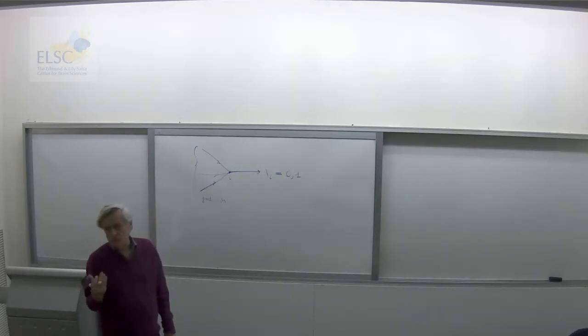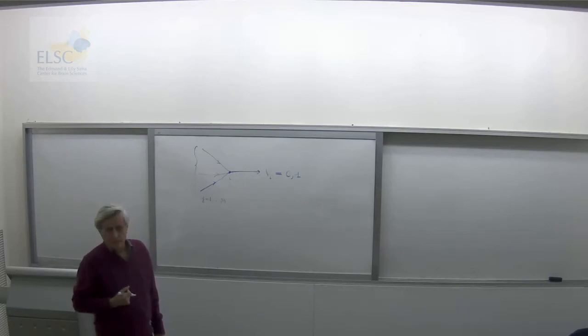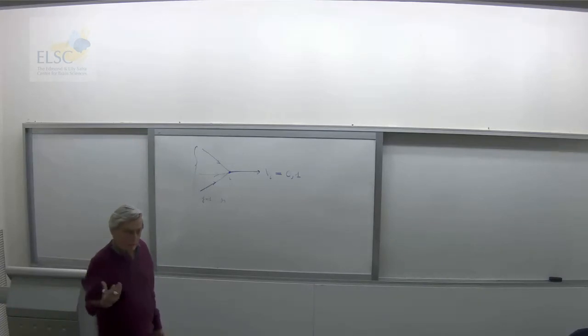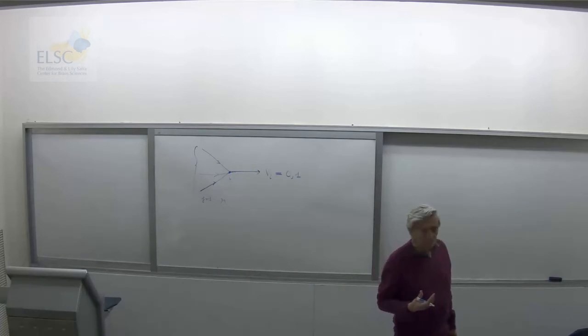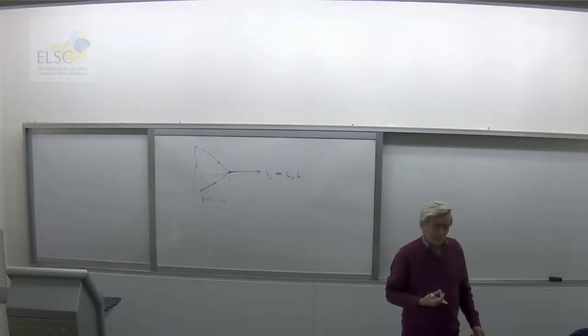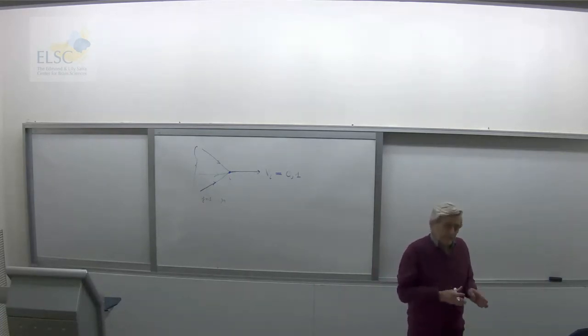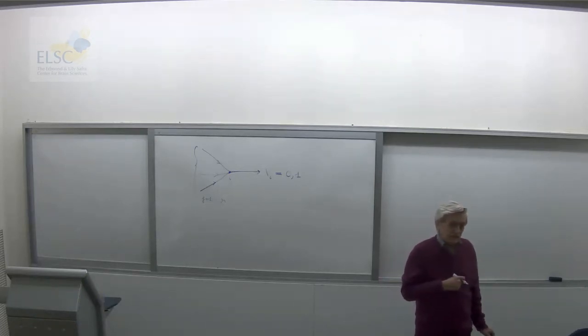Since we want to describe dynamics, a dynamical process has to have a clock, because dynamics proceeds in time, so we have to measure time. And at the beginning, to make things very simple, we assume that time is discrete.